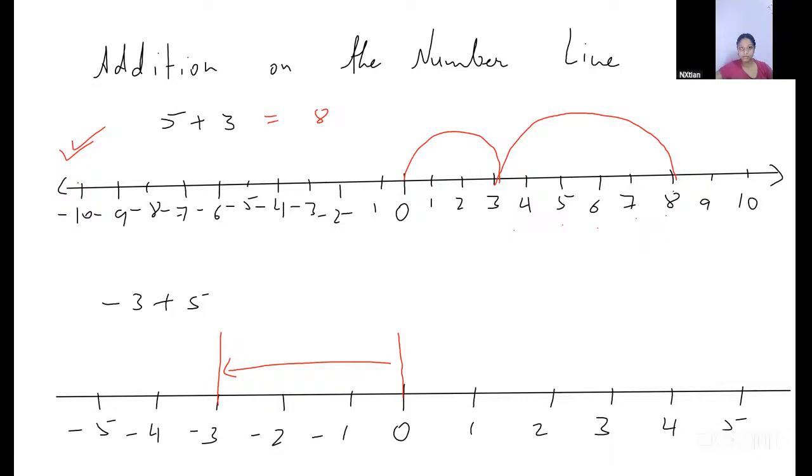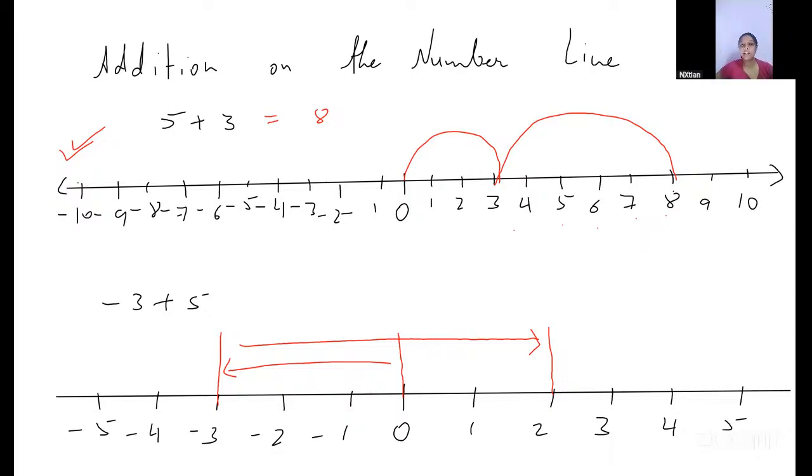Why? Because it says minus 3 plus 5. See, look very carefully. First, it said that I have minus 3.